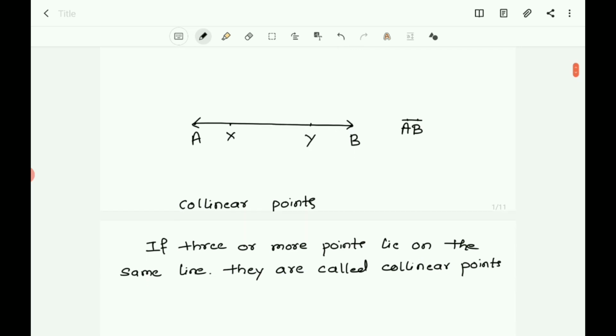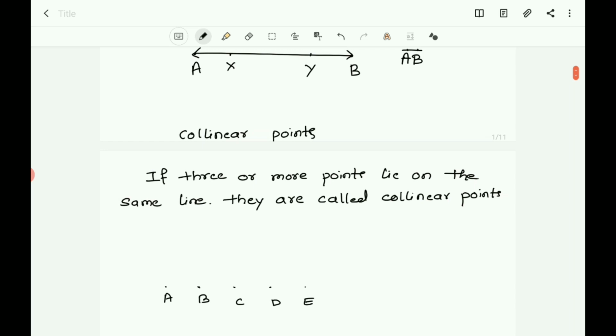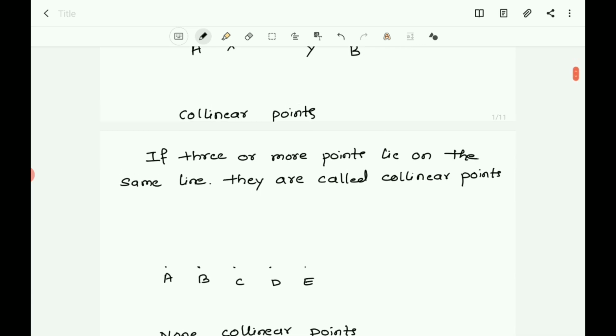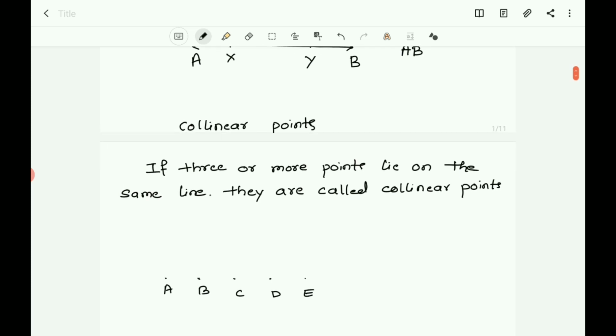Next, collinear points. The word itself says collinear points. So what do you mean by collinear points? Here there are some points, 3 or more points you can have here. If 3 or more points lie on the same line, then they are called collinear points. For example, here there are 5 points A, B, C, D, E. You can draw one single line passing through all these 5 points.